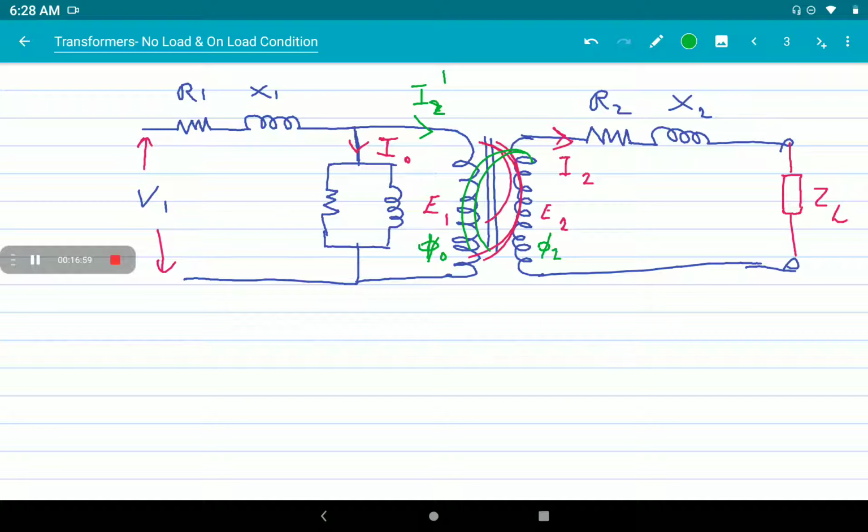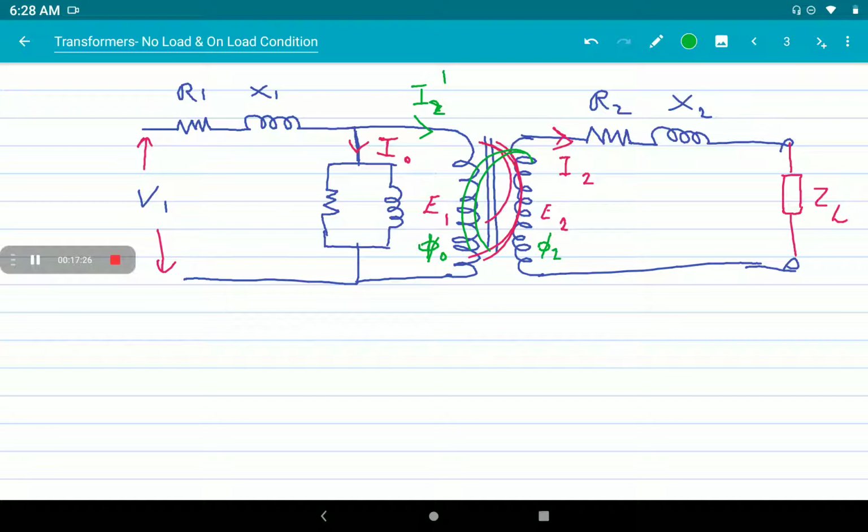To overcome this situation, the primary winding produces extra current which is known as I2 dash, that is a counter or anti current to eliminate this effect. So the secondary MMF tries to kill the flux on the primary winding. To reduce that effect, the primary winding produces an extra large current I2 dash.